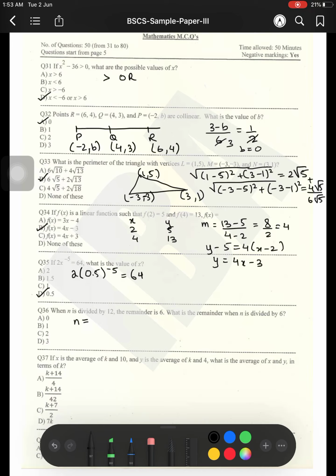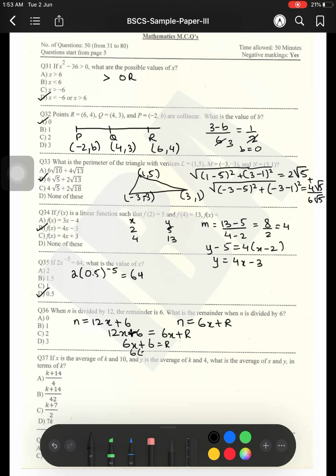This next question, he says that when n is divided by 12, so 12x, x is the quotient, plus 6, which is the remainder, and he says that the remainder when n is divided by 6 is r. So n is 12x plus 6 is equal to 6x plus r.